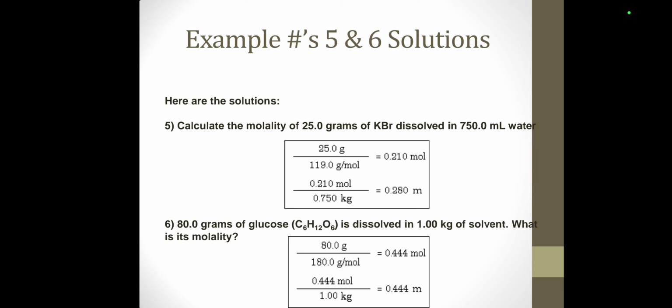So, 80.0 gram divided by 180.0 gram per mole is equal to 0.444 mole. So, 0.444 mole is divided by 1.00 kilogram, which is a constant given, is equal to 0.444 m. That would be the result. Again, where does the 180 gram per mole come from?